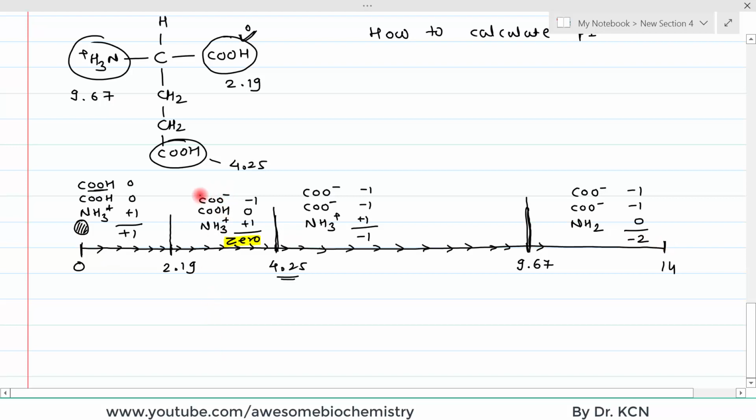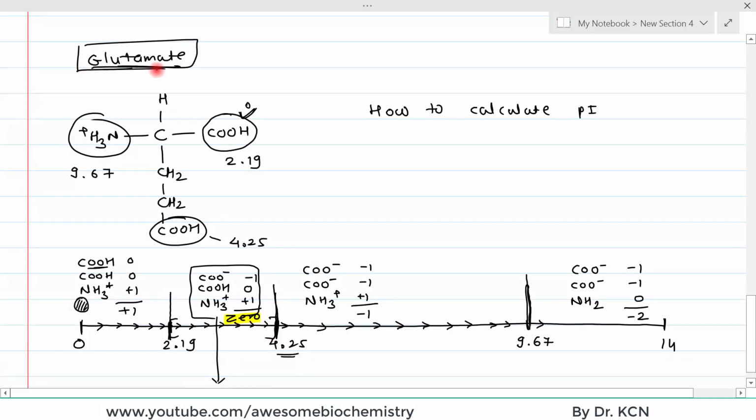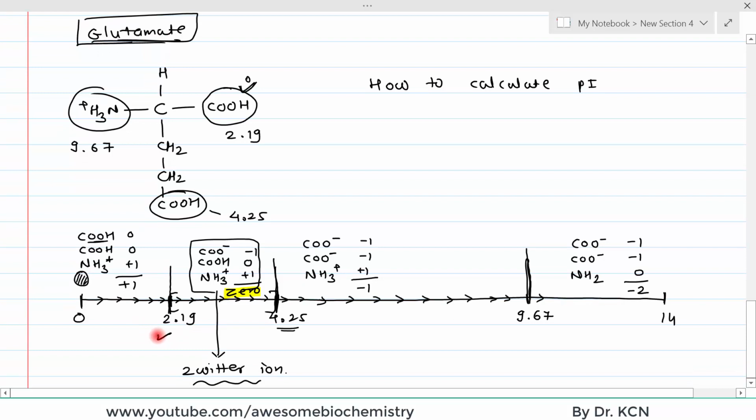So, as you can see, between this mark and this mark, we are observing the Zwitter ion. So, the Zwitter ion is seen between this pK value and this pK value. So, to calculate the pI of glutamate, we have to average out 2.19 and 4.25. There is no role of 9.67 in calculating the pI of glutamate, and by this it must be clear why it is not important.